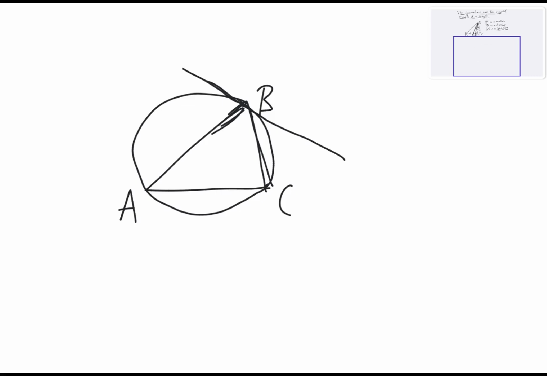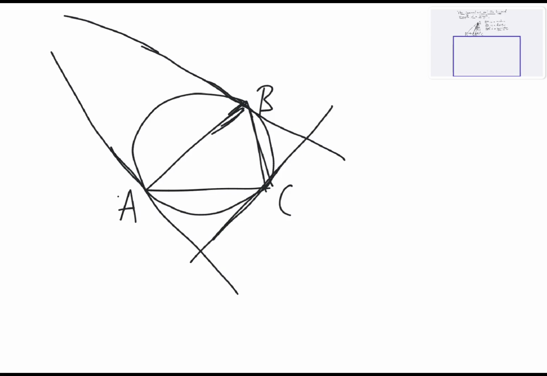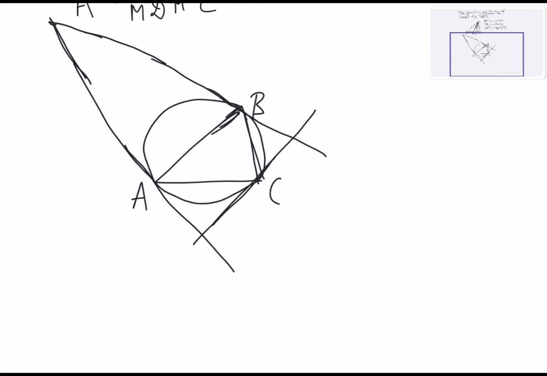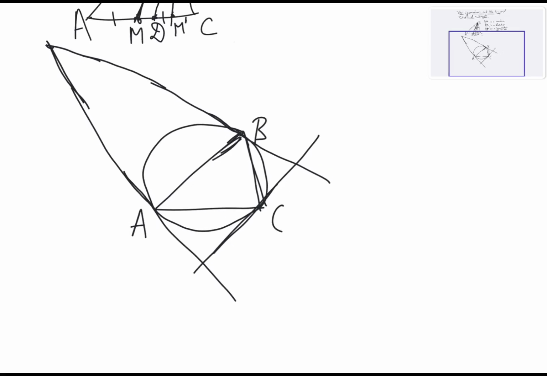So this tangent, and this tangent. We denote the intersection points of these lines by B prime, A prime, and C prime.